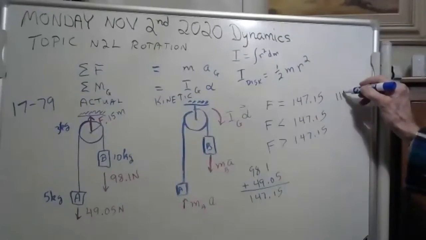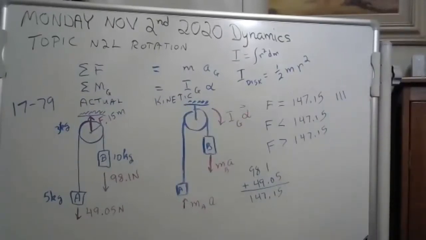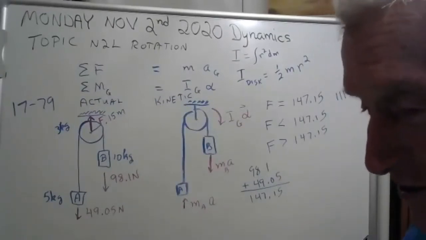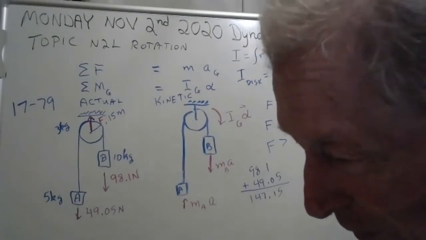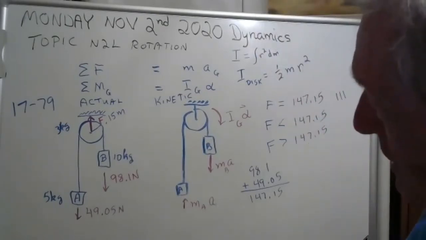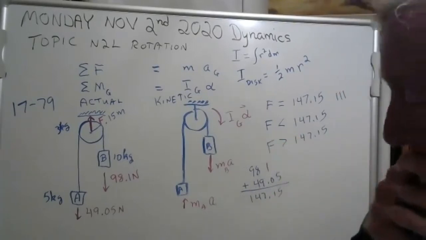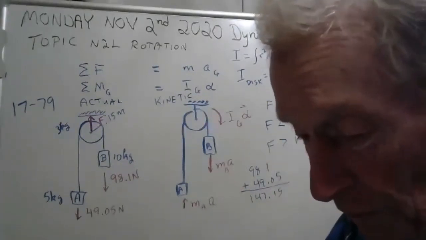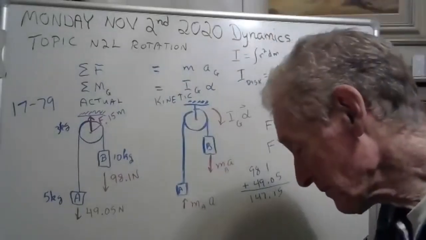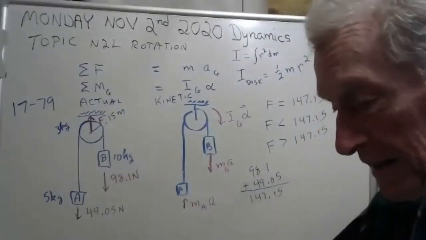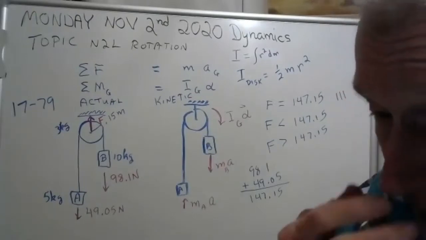We have 3 votes, not volts. This isn't electricity. We have 3 votes that that force is equal to those two, and nobody voted for the others. Well, if we had more time, it would be fun to get the entire class in on this, but we don't have more time.